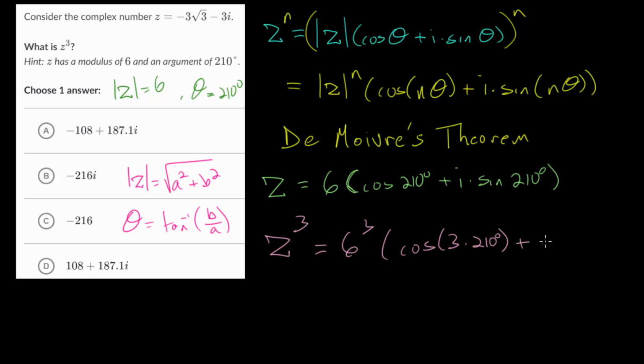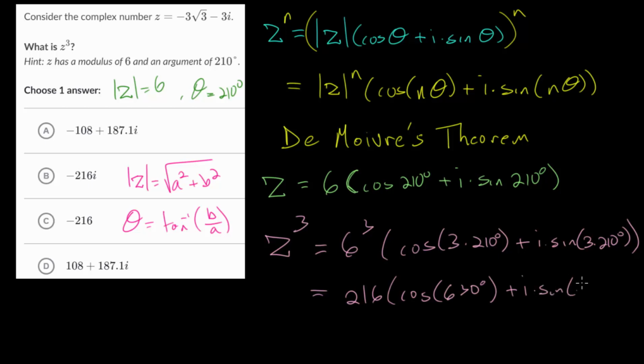So we get the cosine of 3 times the 210 degree angle plus i times the sine of 3 times 210 degrees. And we just need to simplify. 6 to the third power is just 216. And for the angle, we have 3 times 210, which would be 630. And we have that for both of these angles.